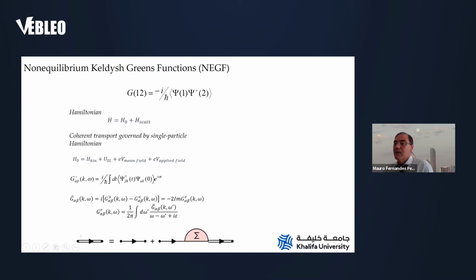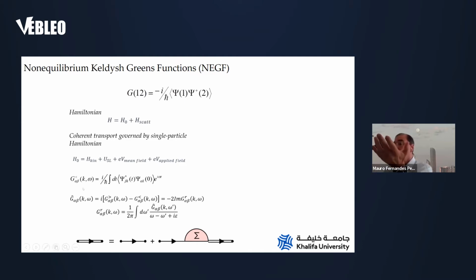You see here our propagator of full Green's functions, and here is the self-energy that takes into account the different scattering mechanisms. For the Hamiltonian, I have the kinetic energy, of course, the superlattice potential. I have a mean field, which appears when you polarize a superlattice and charges are left behind.